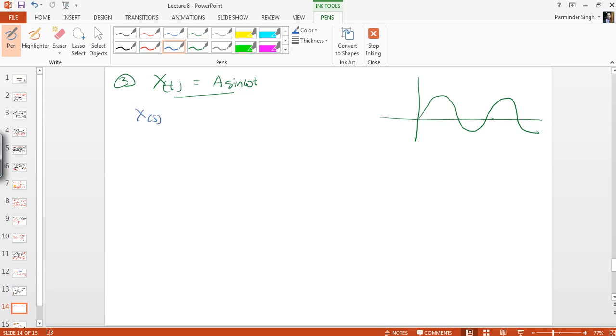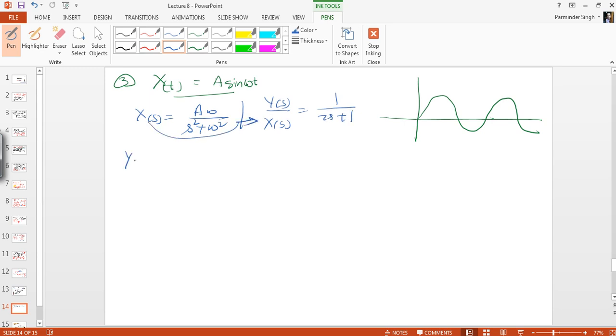What is the Laplace of this? Sin omega t will be omega upon s square plus omega square, and we know the transfer function of the thermometer is Y(s) upon X(s), which is 1 upon tau s plus 1. Now substitute this value of X(s) over here.